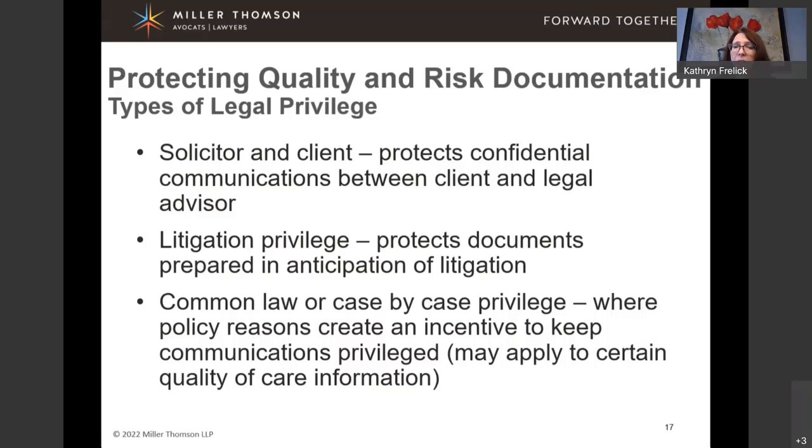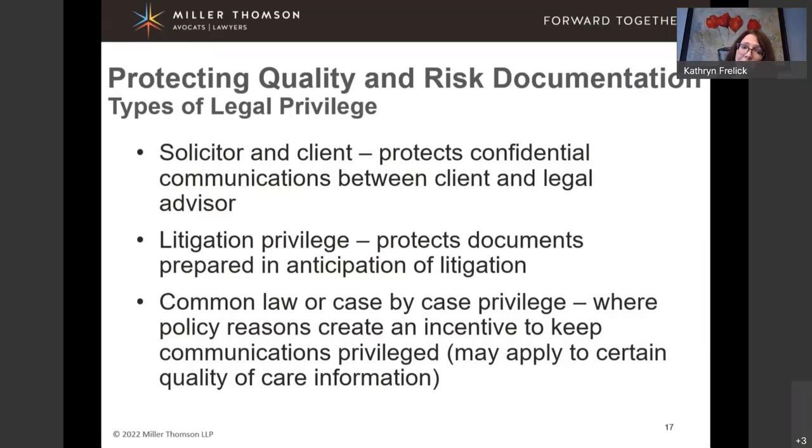And then the second most common type of privilege is litigation privilege. And this type of privilege protects documents that are prepared in anticipation of litigation. The predominant purpose of the documentation must be for litigation.